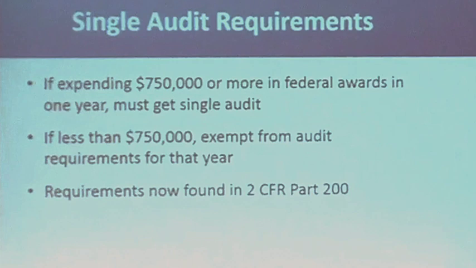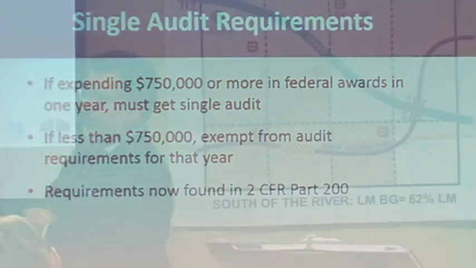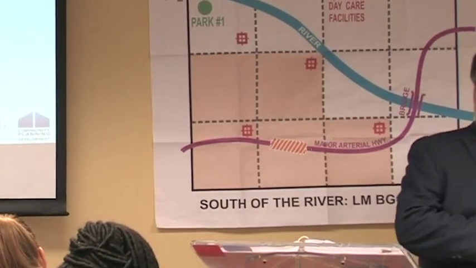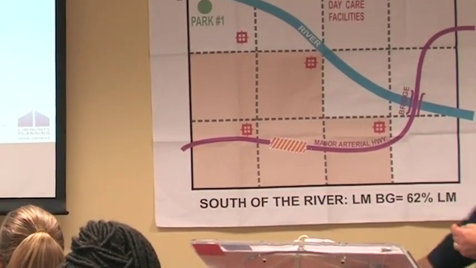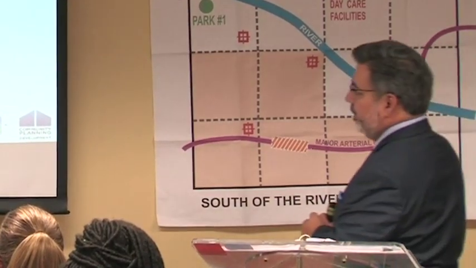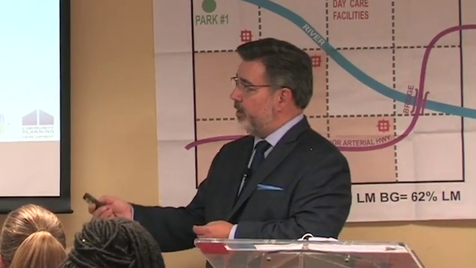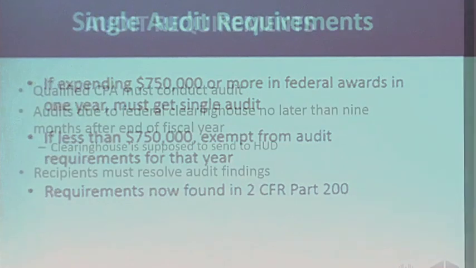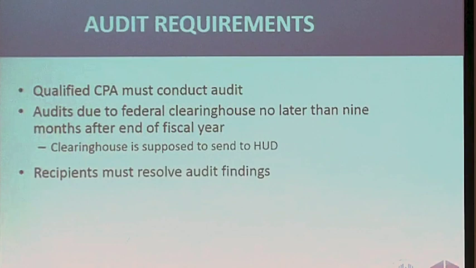Single audit: you are required, if you are an entity that receives more than $750,000 in a year in federal funds, you must have a single audit prepared. The requirements are now at 2 CFR Part 200, and they must be done by a qualified CPA. Audits are due to the Federal Clearinghouse no later than 9 months after the end of the fiscal year.